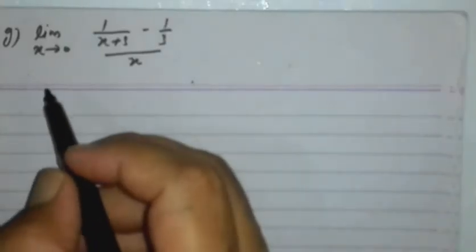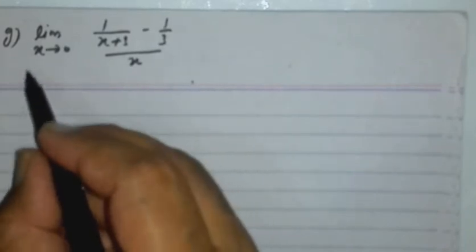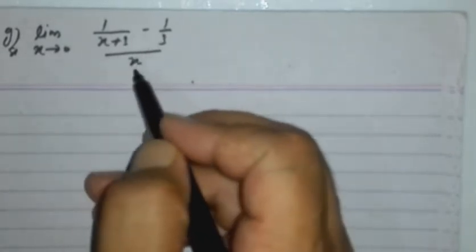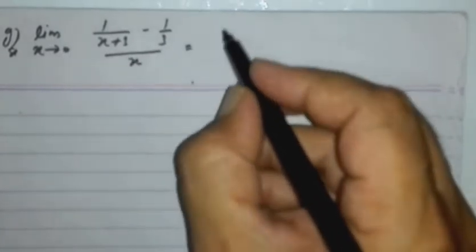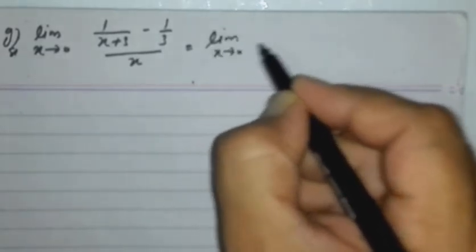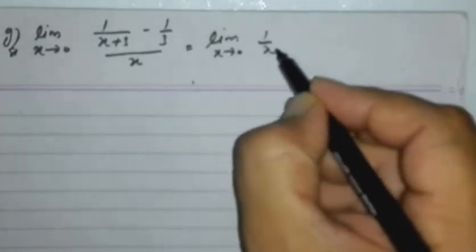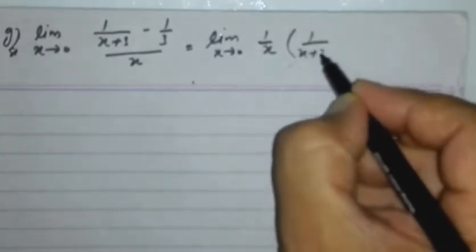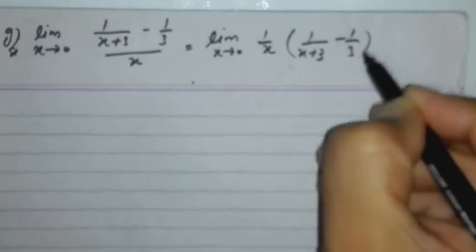Part G, solution. Limit x tends to 0 of 1 over x plus 3 minus 1 over 3, whole divided by x. We can write it as limit x tends to 0 of 1 over x and 1 over x plus 3 minus 1 over 3.